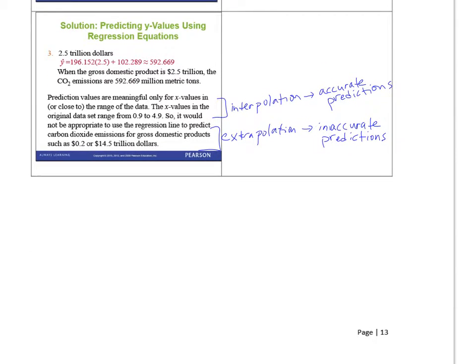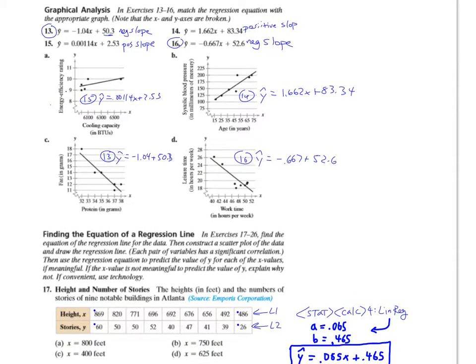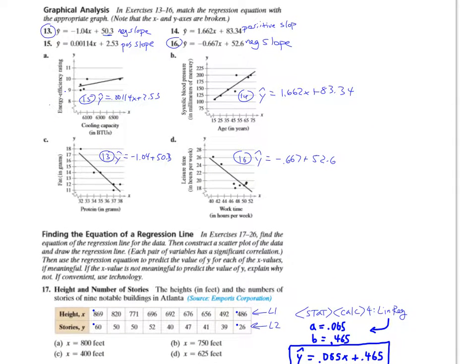All right, so I'm going to flip the page. And we're on the last page here, doing some exercises from class. So we filled these in today being Monday, May 1st. What we were supposed to do here is match the equation for these lines of best fit, 4 equations to 4 graphs.